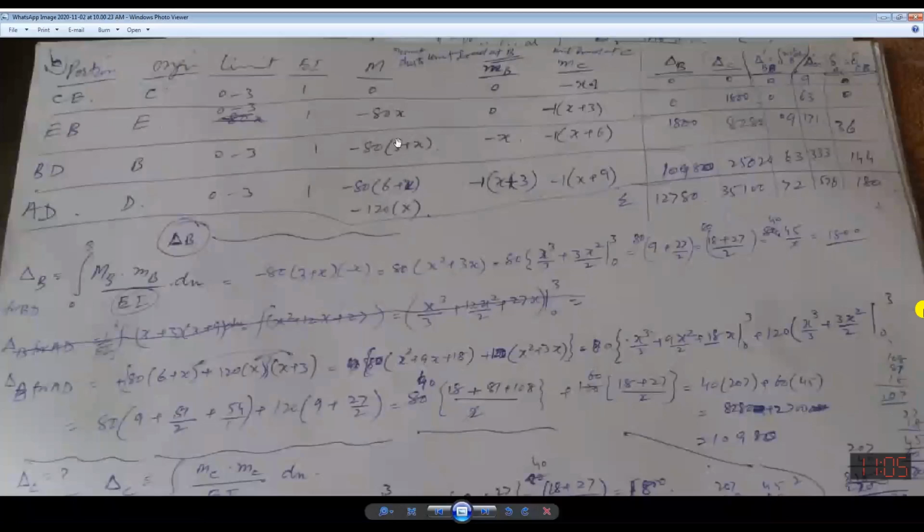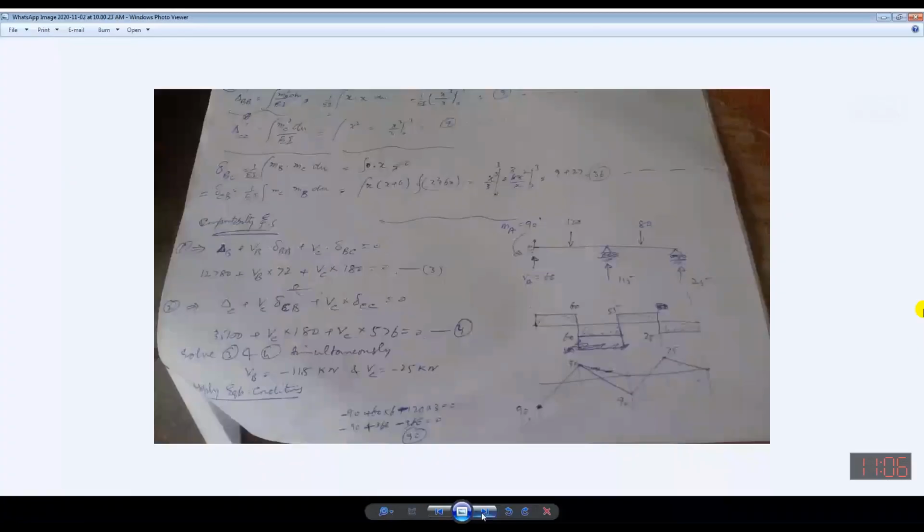Then is AD. In AD, the origin is D, the limit is 0 to 3, and EI is 1. Now in case of AD, you can see two forces act on this portion.